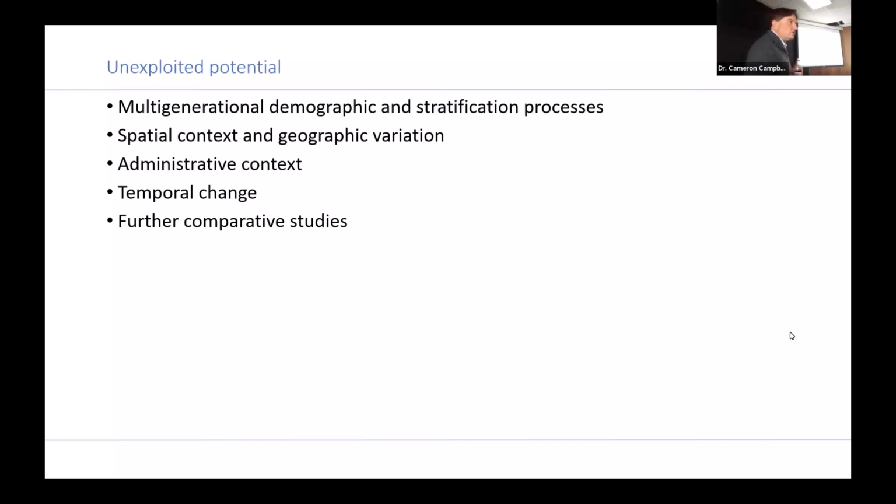coordinates of the villages. So there's a lot of opportunity for linkage to other spatial data, like hydrology or things like that. Also, without getting into too much detail, there's a lot of variation in the administrative context of these populations.